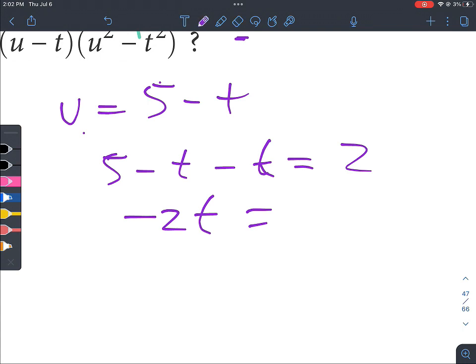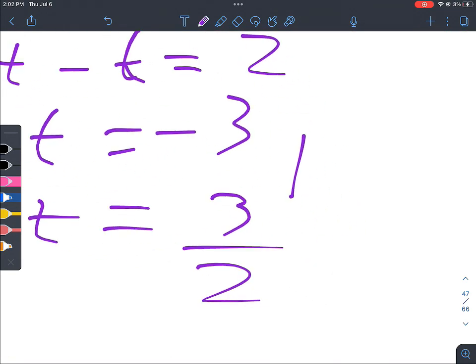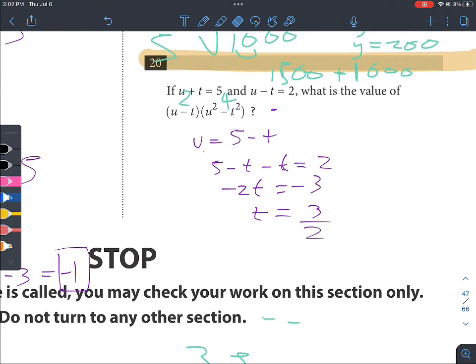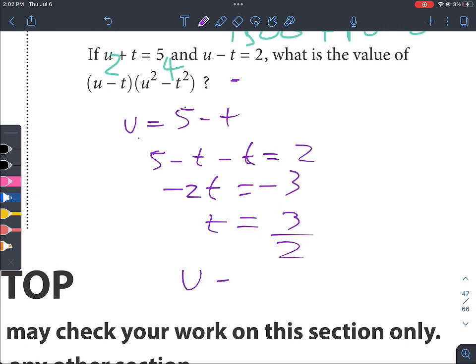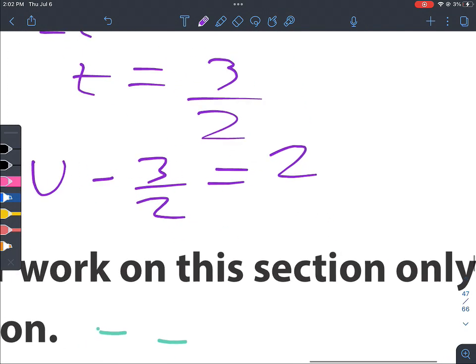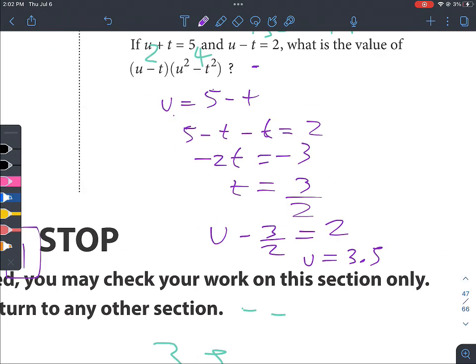T equals 3 divided by 2. Okay, let's say that's even correct for a minute. If that's what T is, U minus 3 over 2 equals 2. U equals 3.5. Okay, so that makes sense, right?